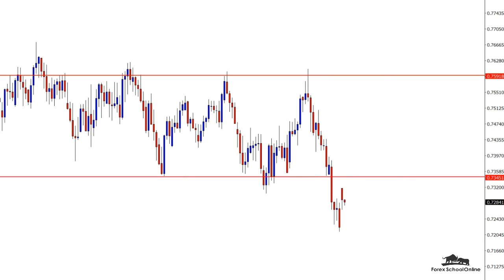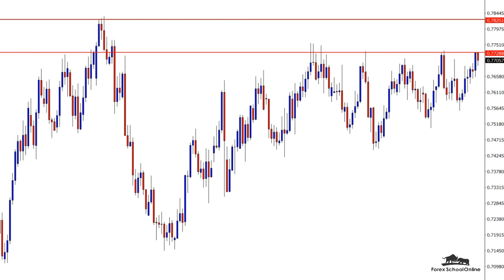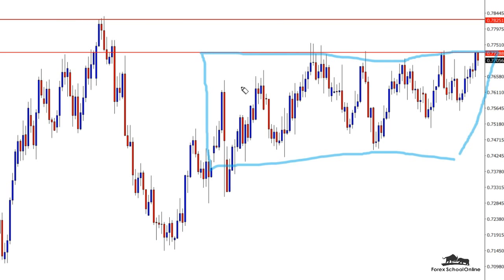Now the next chart we're going to move to is the Aussie dollar, so the Aussie US dollar. Now this one is a tricky one. It is also in a congestion and also trading sideways. So if we look at it here, some people will look at this market and see the lows down here, and they'll say that price has been trading higher.